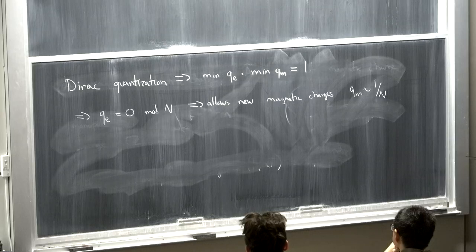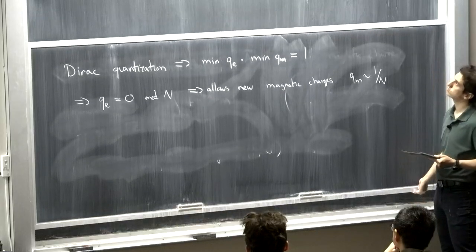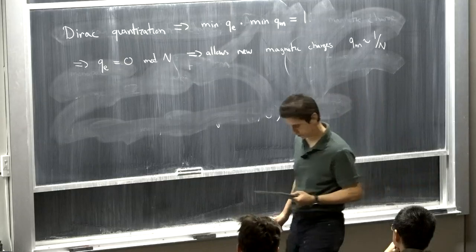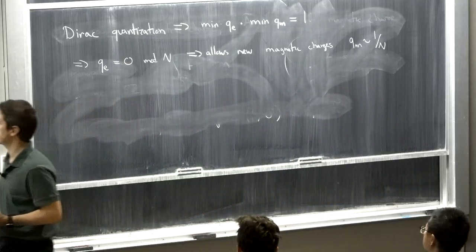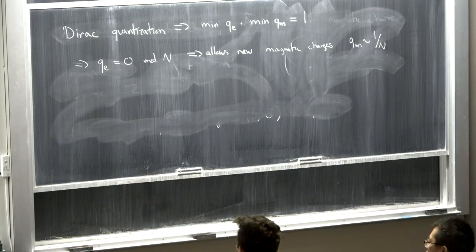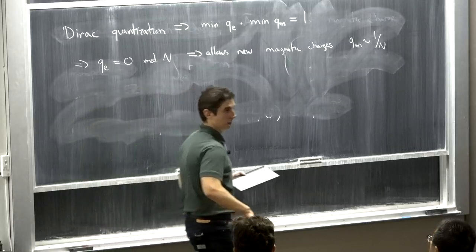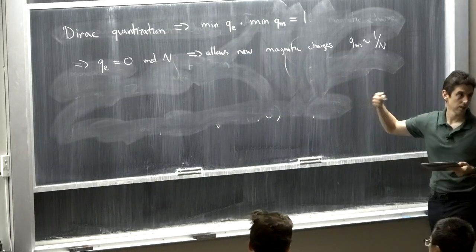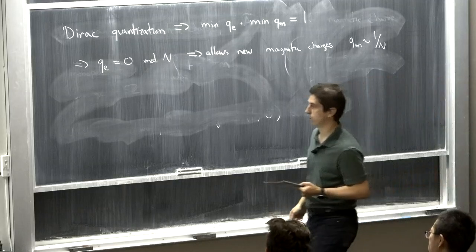Okay. So that is exactly the same as the lines that you would get if you naively just rescaled the connection by a factor of n, right? The fluxes would go down by a factor of n, and the allowed integer charges would have to be multiples of n. So that is what I wanted to show you.